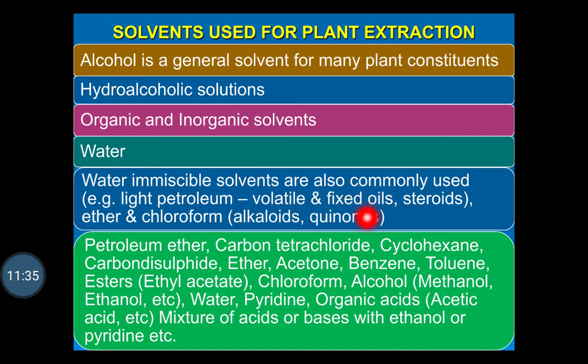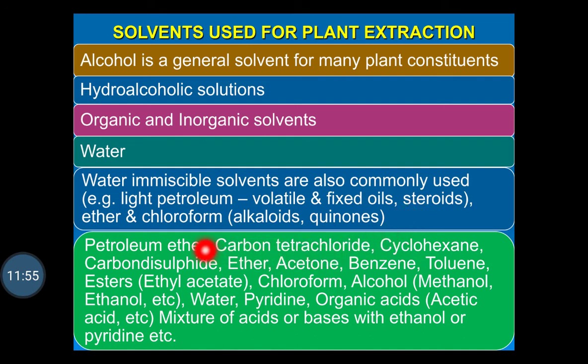For example, light petroleum, that is for the extraction of volatile oil or fixed oil or steroids. Ether and chloroform are also used for the extraction of alkaloids or quinones. So depending upon the active chemical constituents which are present in the crude drug, you have to choose the solvent.